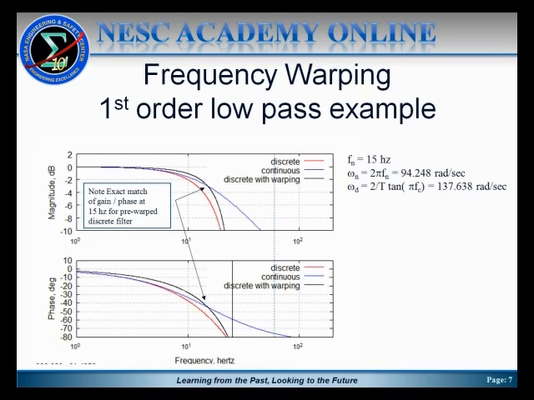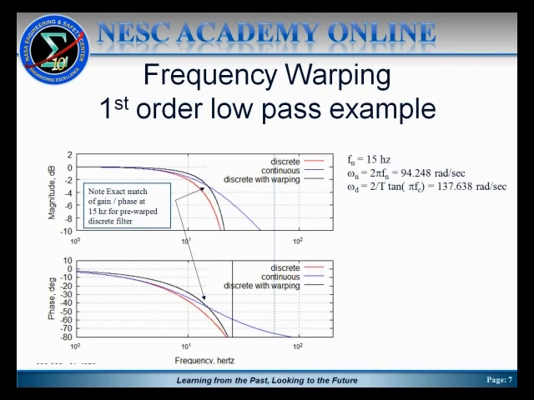If you follow the technique that was provided 2 slides ago for how to compute the pre-warped frequency called omega d, you'd find out it comes out to a value of 137.638. So basically we would go back and recompute the discrete filter coefficients as described in part 3 of this presentation using omega d of 137.638 radians per second rather than the normal corner frequency of 94.248.